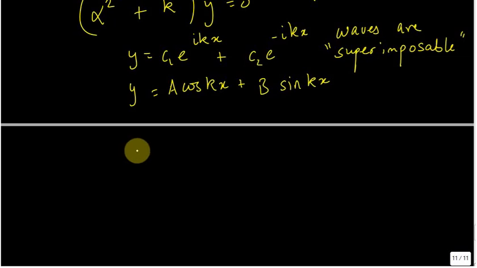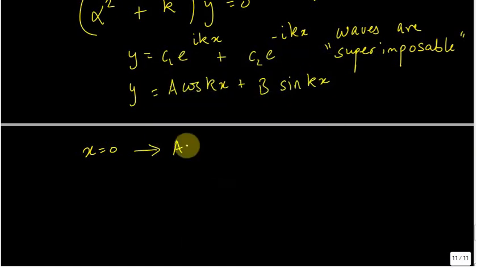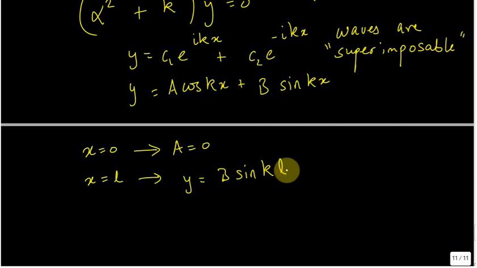So what does it give me? A equals 0. So the first boundary condition, x equals 0, implies A equals 0. What does the second boundary condition, x is equal to L, give me? y is equal to B sin kL, which should be equal to 0.